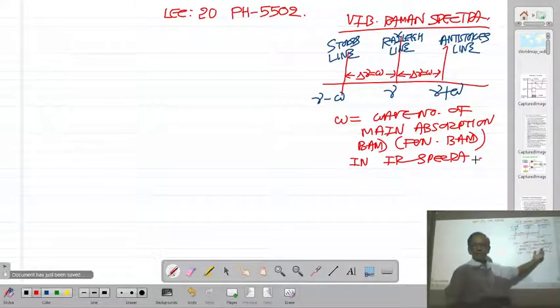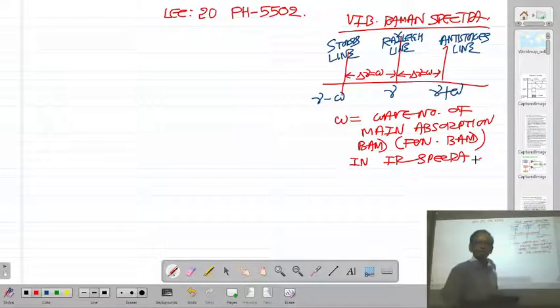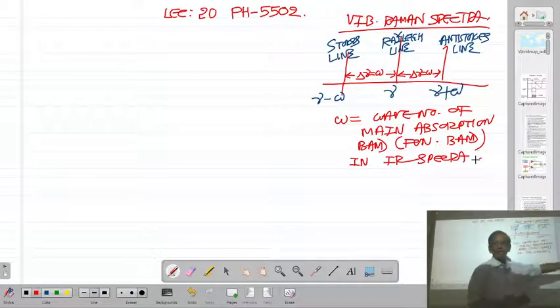In the near infrared spectrum, omega is the wave number of the main absorption band or fundamental band, and this fundamental band is accompanied by weak bands, which are known as overtones.